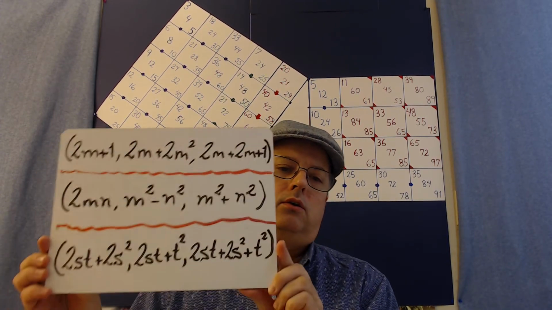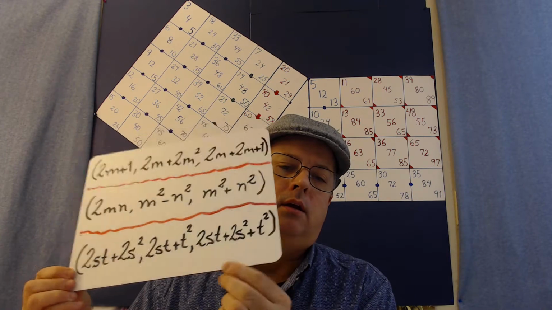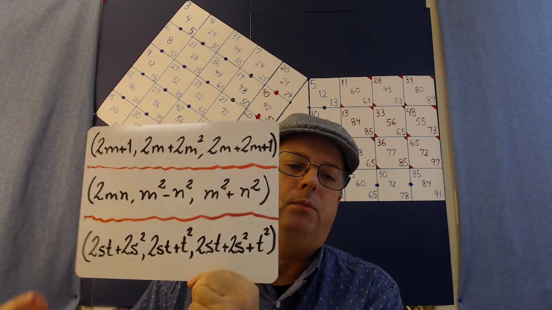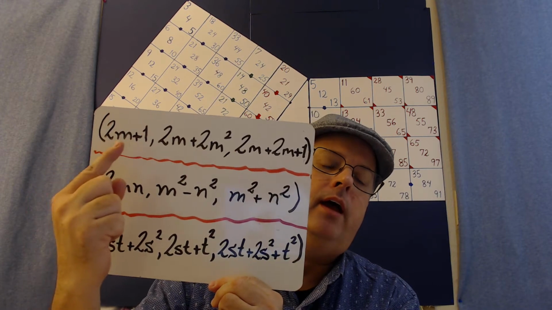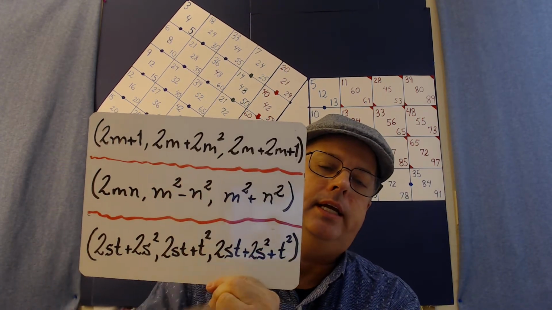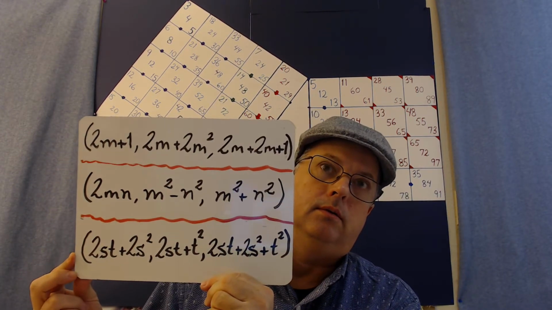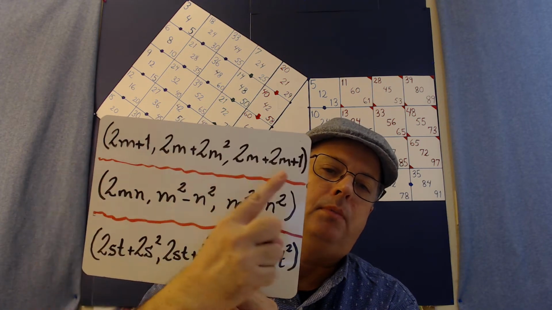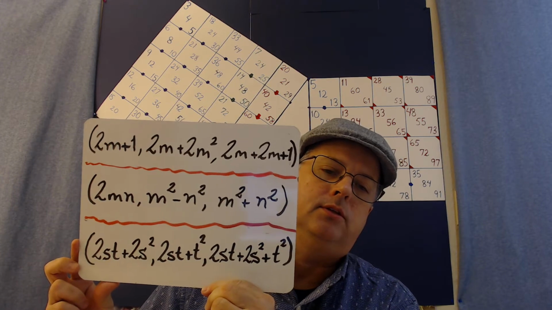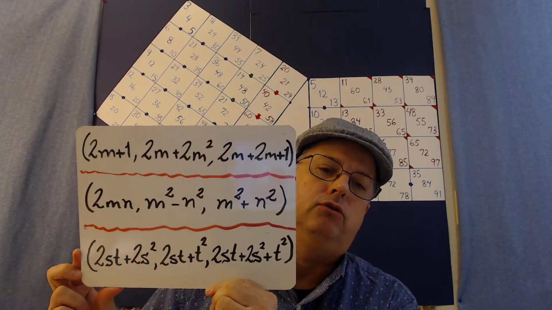And so in the previous episodes, we talked about these three formulas that generate Pythagorean triples. And so if A, B, and C form a Pythagorean triple, then these formulas will form the A, B, and C that gives you a Pythagorean triple.